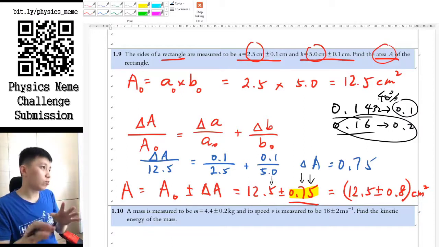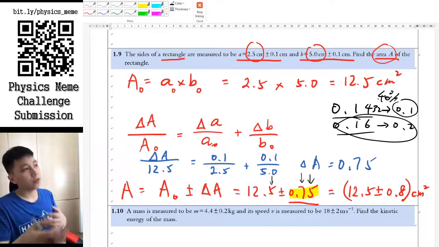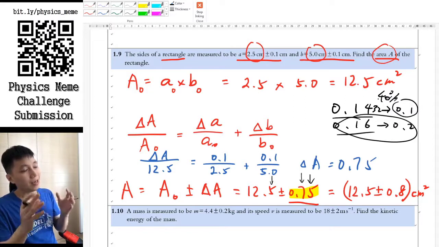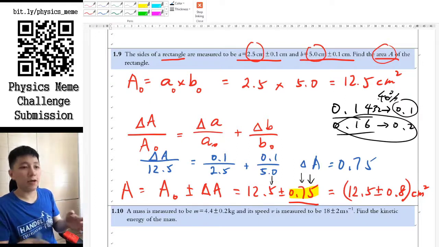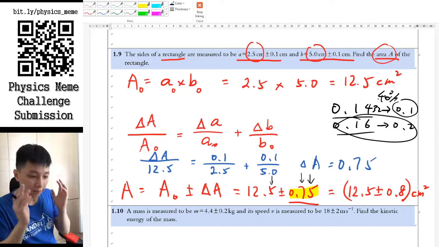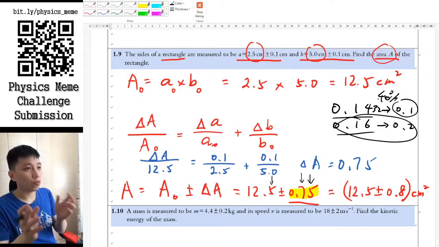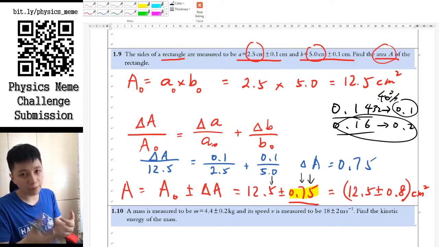Okay, this one may sound quite confusing to you because this actually has no standardized way of doing it. In fact, error propagation or error analysis will require much more advanced physics when you use it for physics in the university. The way that you learn right now in high school is a more simplified version.